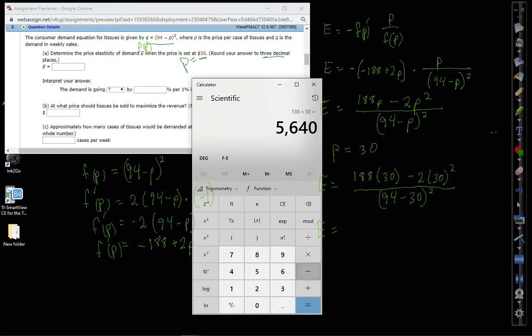From that we're going to subtract, in parentheses, 30 squared times 2, close the parentheses, hit the equals, so that should give us in the top 3,840. Let's go ahead and record that as we go.